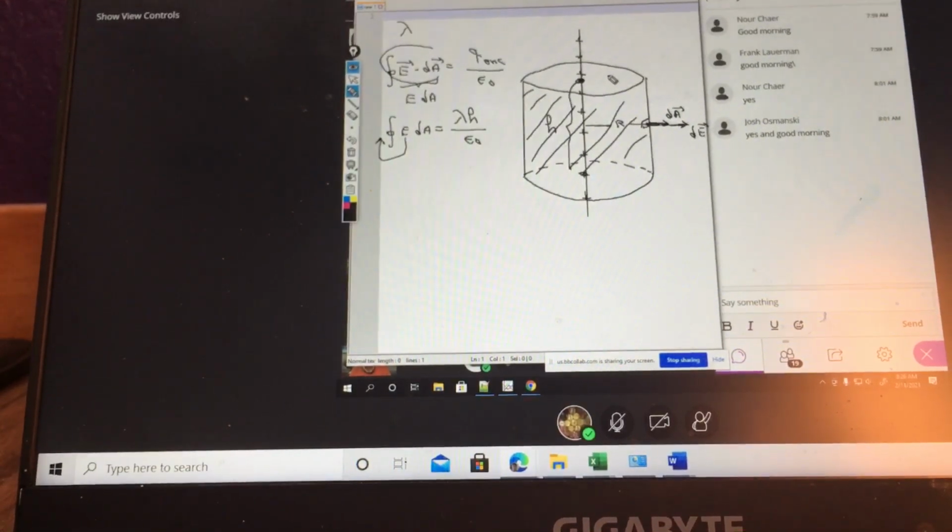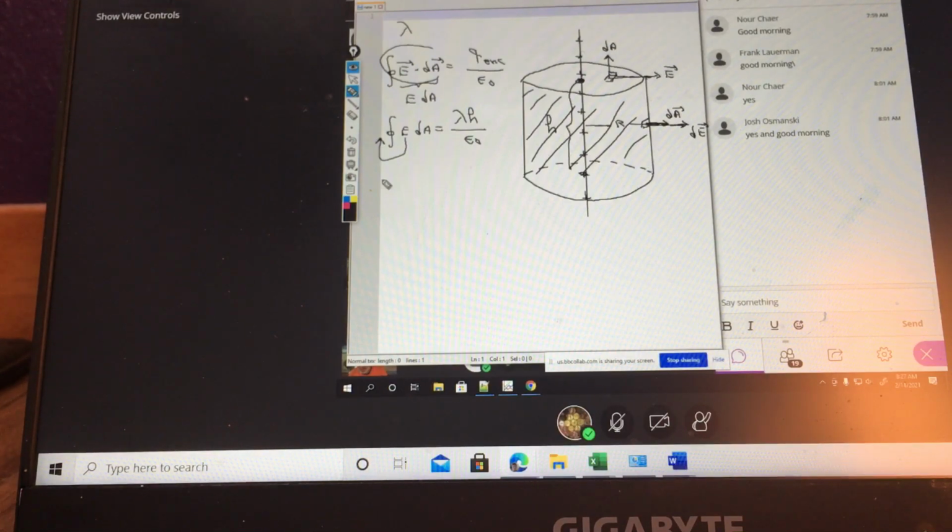Because for any area that you took there, the vector dA is going up, or down at the bottom, whereas the electric field is radial, which means that they are perpendicular. So E dotted to dA on the upper face and lower face is going to be 0. Therefore, the only contribution to the integral would be from the side wall.